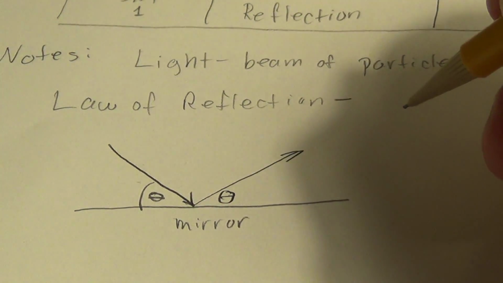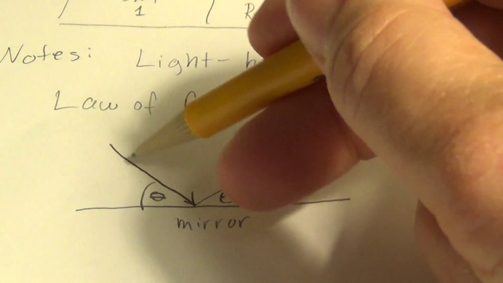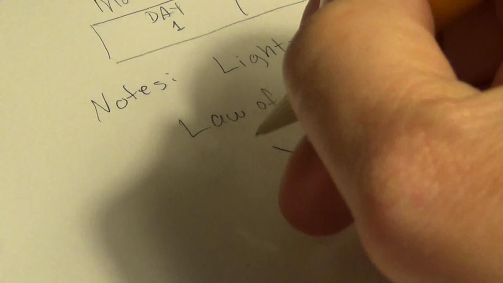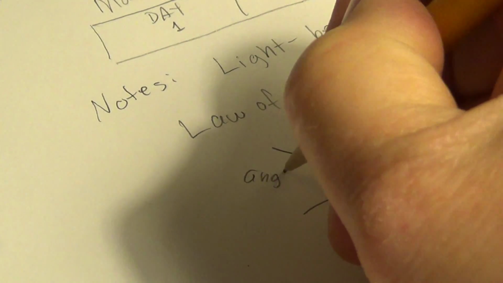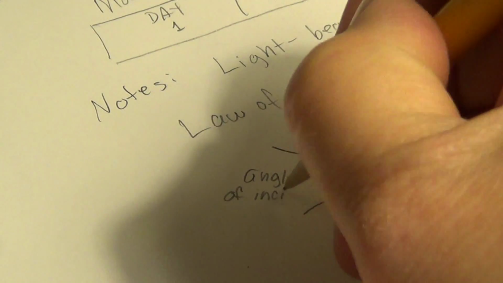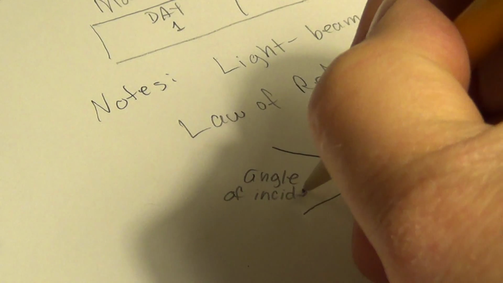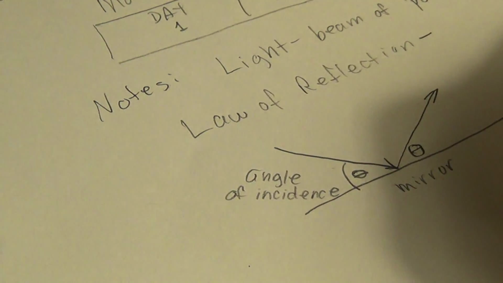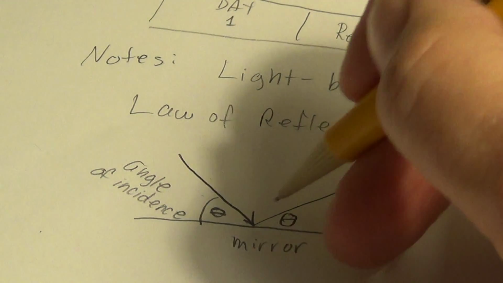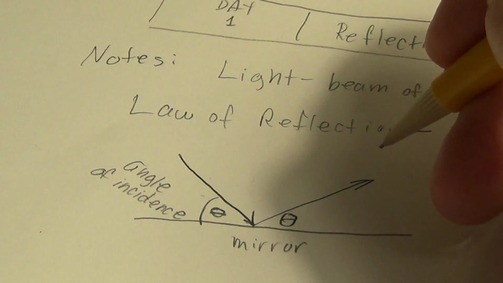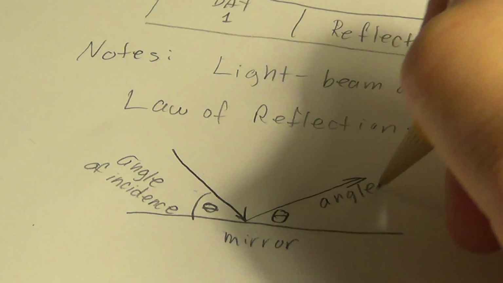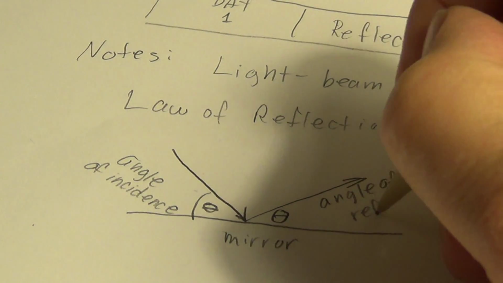So that is called the law of reflection. We state it like this: when the light beam is coming in to the reflective surface, we call this angle the angle of incidence, I-N-C-I-D-E-N-C-E, incidence. And after it hits the reflective surface, we call this angle the angle of reflection.